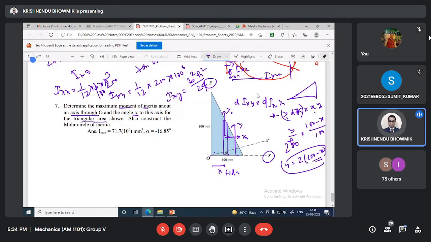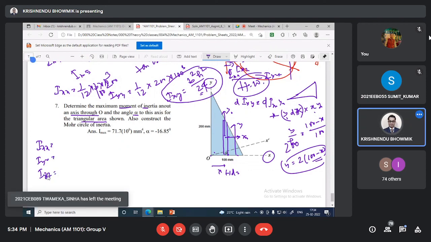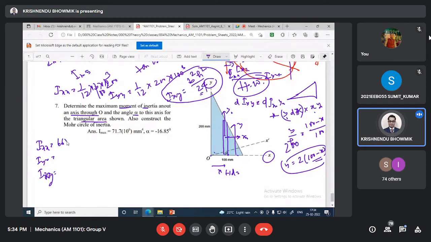So if you do the integration, we'll find this value, IXY equal to B square H square by 24. Homework you do on your own. Now once you get it, you will get IXX, IYY, and IXY. I'm simply writing this as 66.67 times 10 to the power 6 millimeter to the power 4.